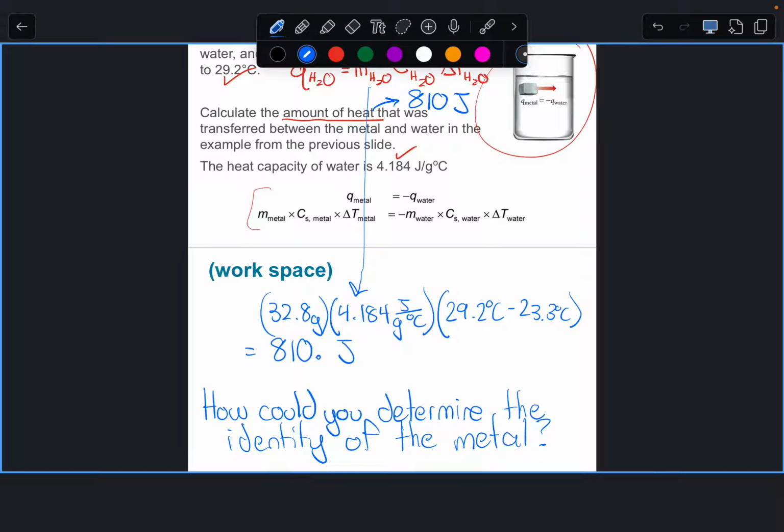So what your initial thought should be is, what do we not know about the metal that could help us identify it? That specific heat capacity is a key indicator of it, it's unique to substances.